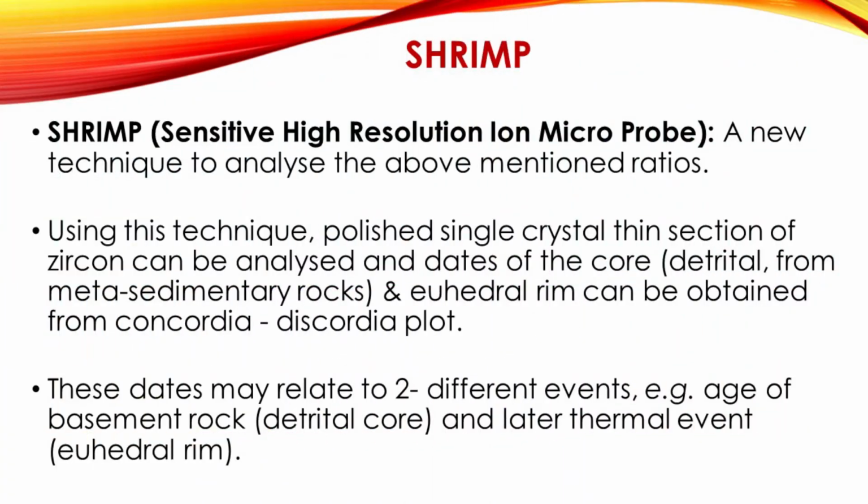The upper intersection with concordia is generally interpreted as the initial age of formation of zircons, that is the crystallization of granite. The lower intercept gives the age of the later thermal events that resulted in lead loss.